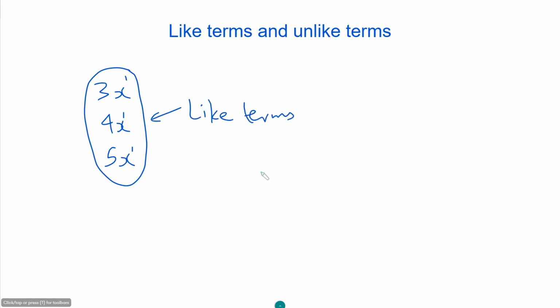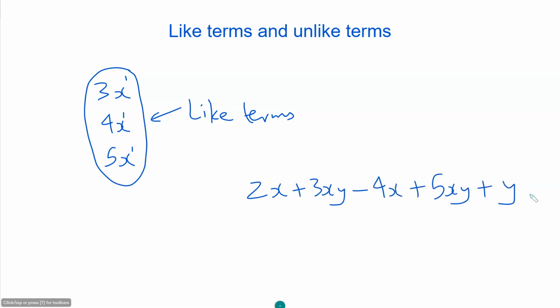Let's look at another algebraic expression. Let's take a long polynomial. Let's say 2x plus 3xy minus 4x plus 5xy plus y. If you look at the terms of this expression, you have 2x and minus 4x, which are like terms because they have the same variable and the same power of the variable.